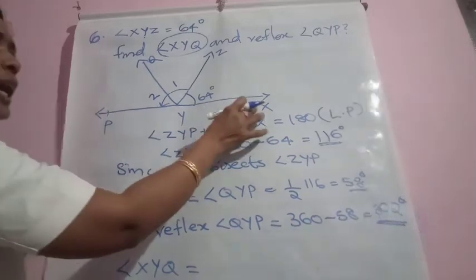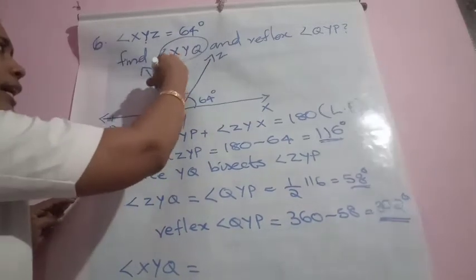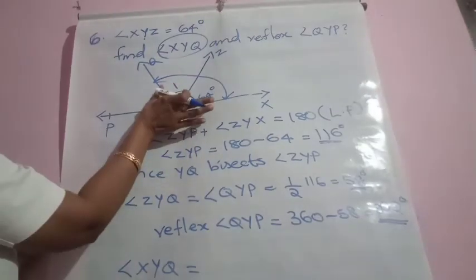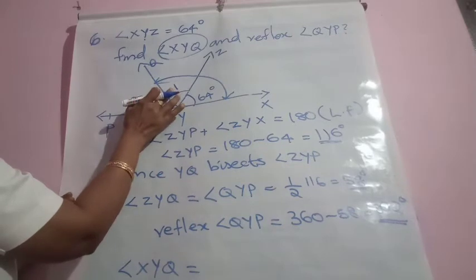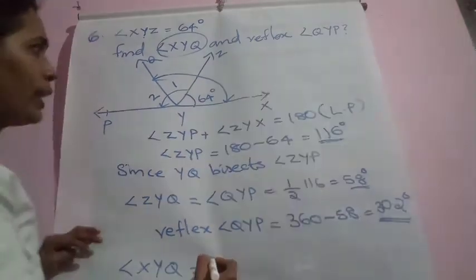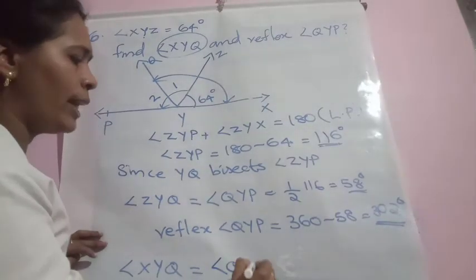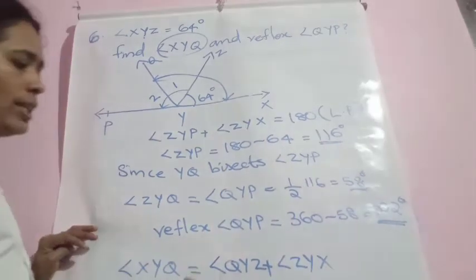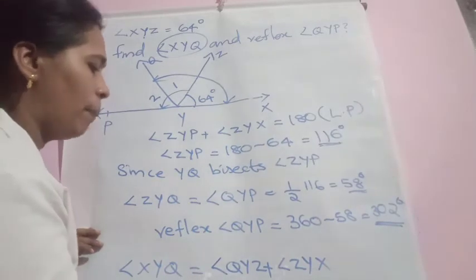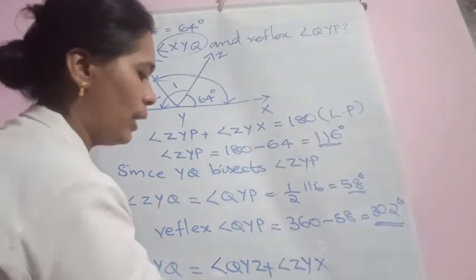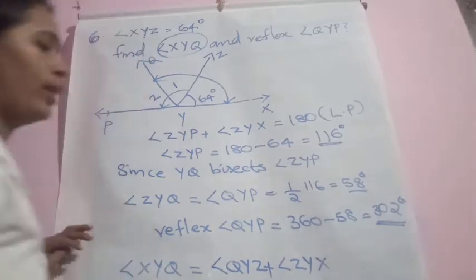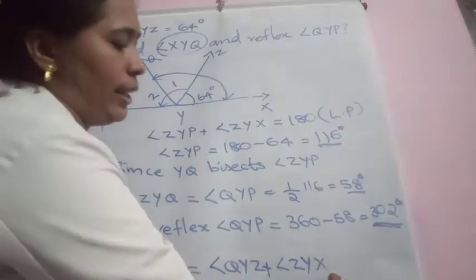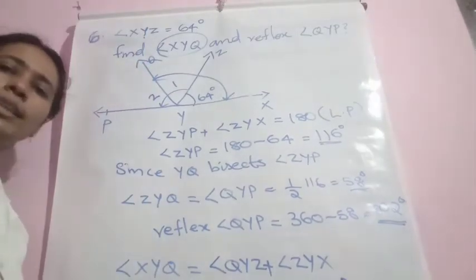In order to get XYQ, this is the angle needed to us. This much part is needed to us. So how do we get these two? Sum of 1 and 64. So we can write QYZ plus ZYX, sum of the two angles. So we have 58 plus 64 equal to how much for you? 122. Okay. Any other doubt? 122 degree. That was the end of exercise 6.1.